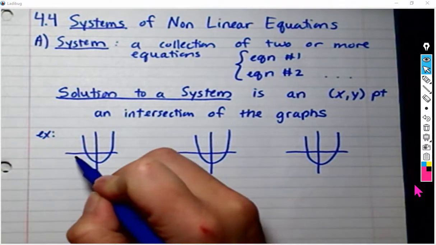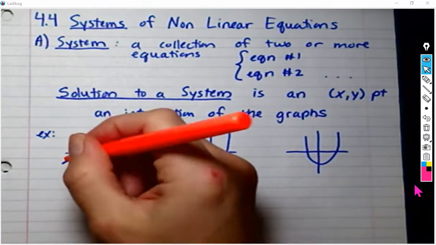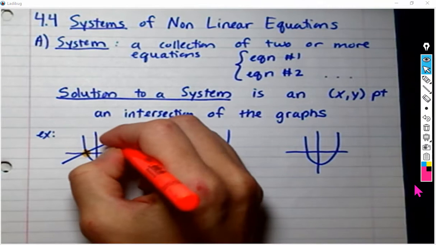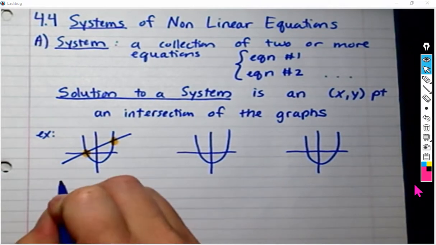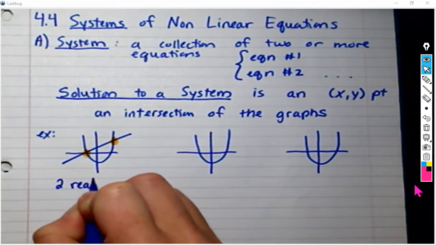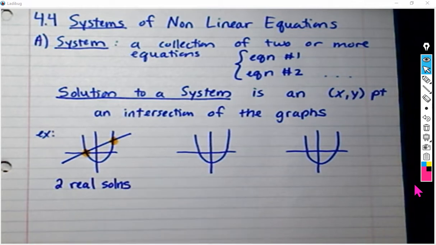And we're going to draw a line, just like that, a line. And those 2 points are the solutions. So this one has 2 real solutions. That's what that means. Those 2 graphs intersect twice.